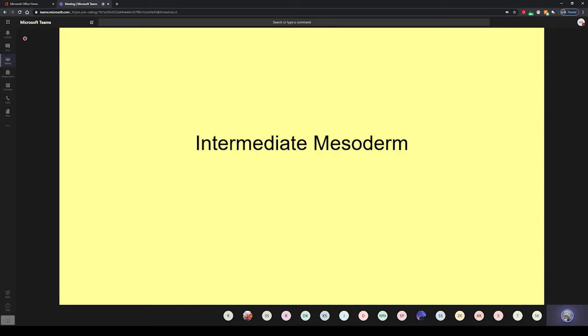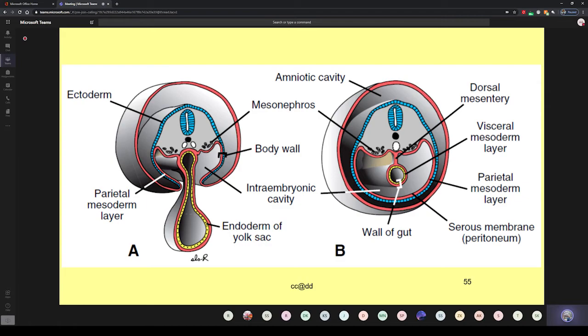So in the lateral plate mesoderm, what is going to happen is that it is going to be responsible for the formation of the anterolateral body wall, plus the lining of the body cavities. The body cavities are the peritoneal cavity, pleural cavity, and pericardial cavity, for simplicity's sake.